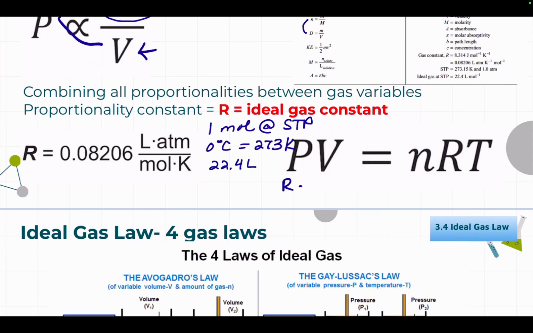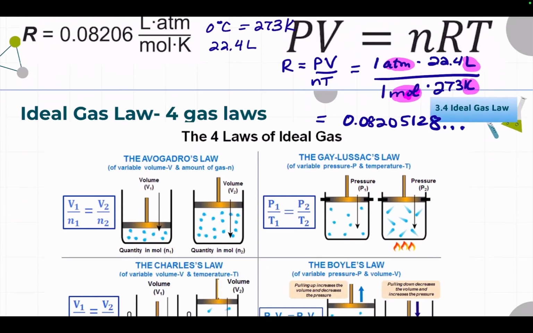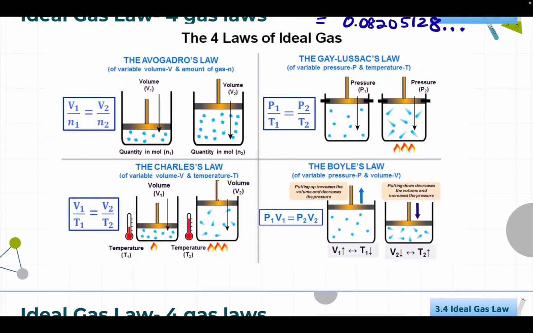If I rearrange this equation, solve for R and plug those numbers in, 1 atm times 22.4 liters over 1 mole times 273 Kelvin, I get 0.08205, and so on. You can see the unit of my constant R: liters, atmosphere, inverse Kelvin, inverse mole.